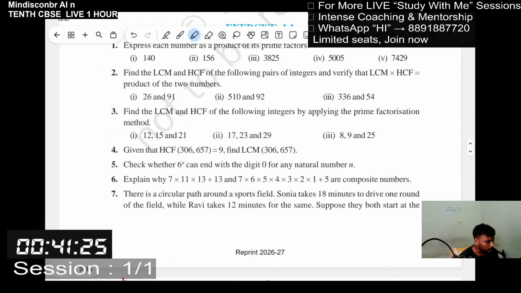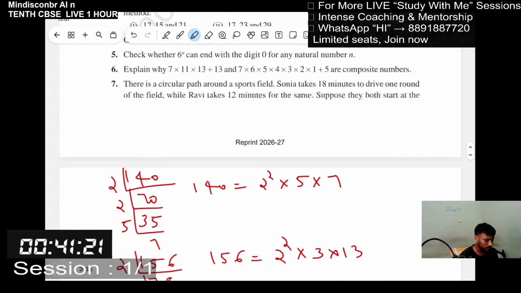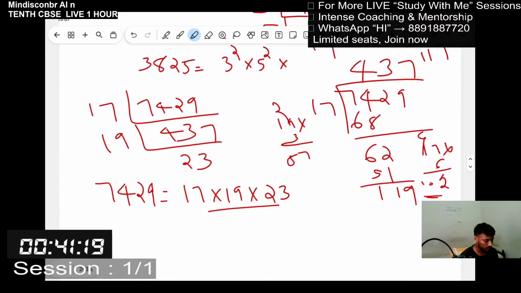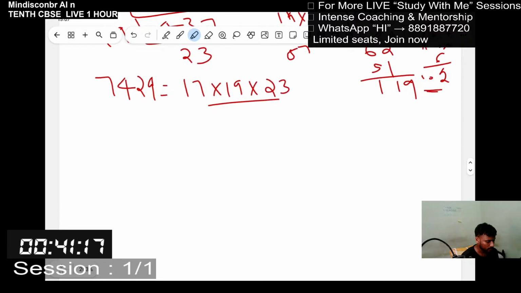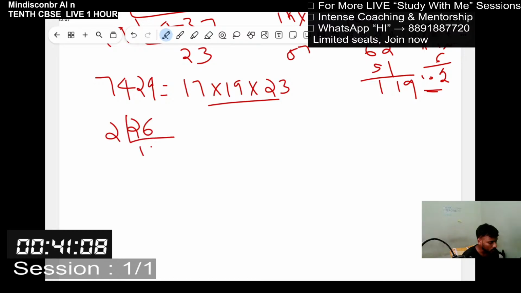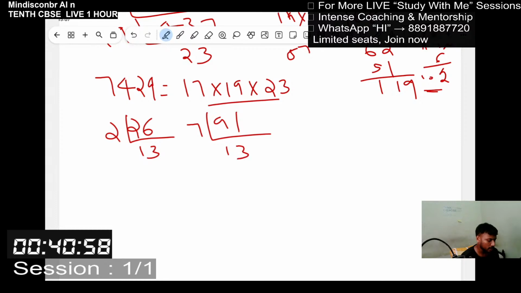Find the LCM and HCF. So for 26 and 91. 2 13s are 26, 7 13s are 91.